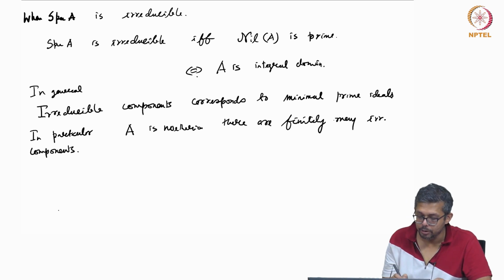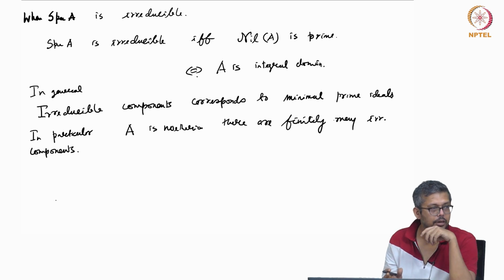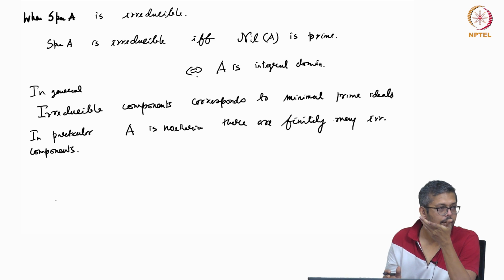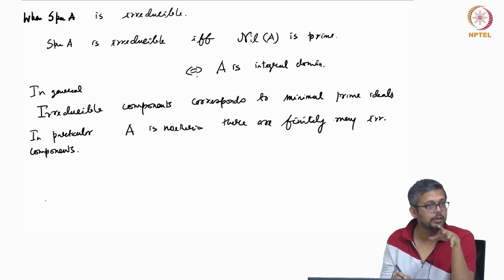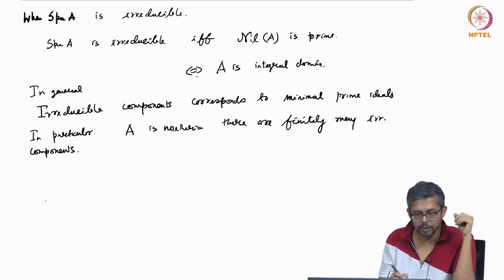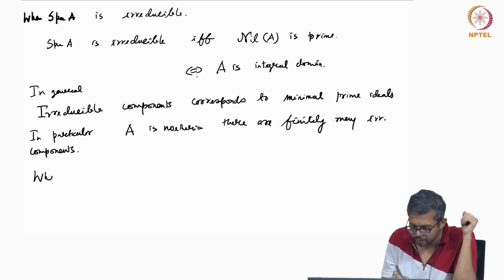So this is about irreducibility. Now you can weaken the condition a little bit to when it is connected. Irreducible implies connected, but connected does not imply irreducible. So I am saying that you can weaken the condition.